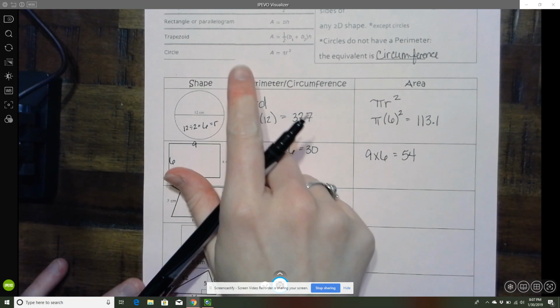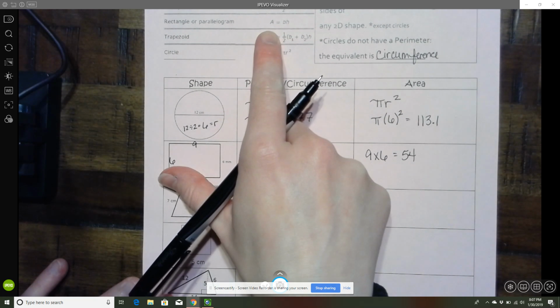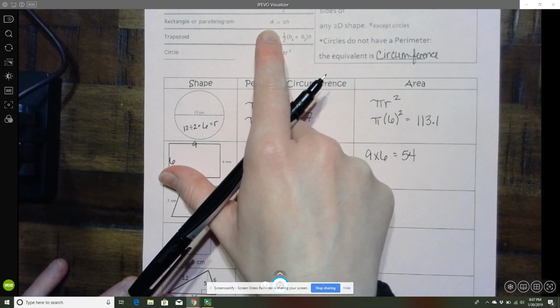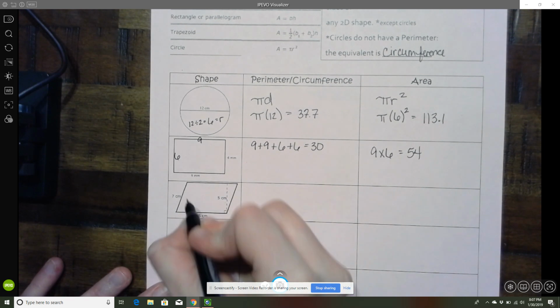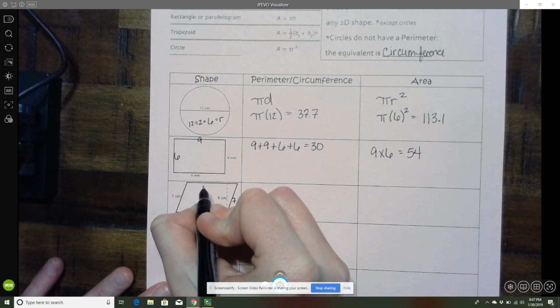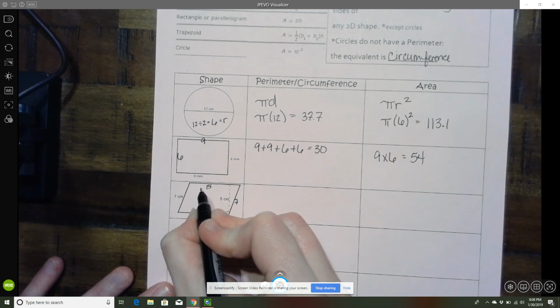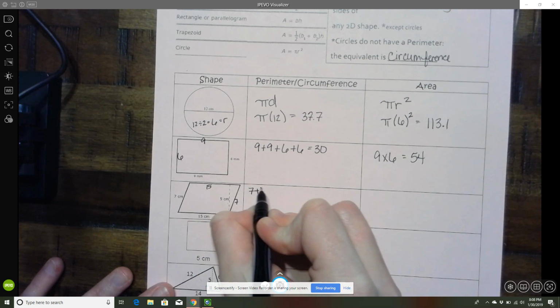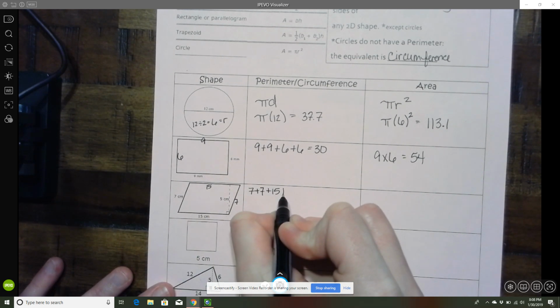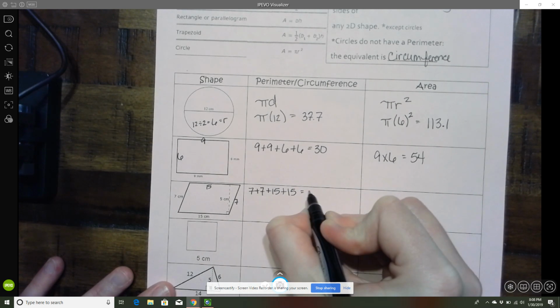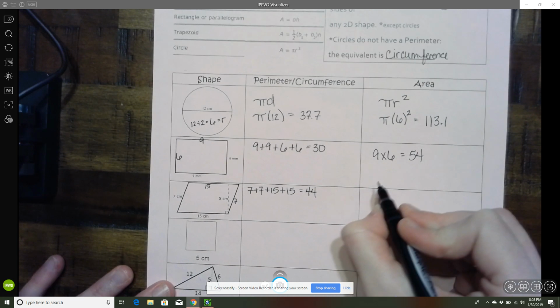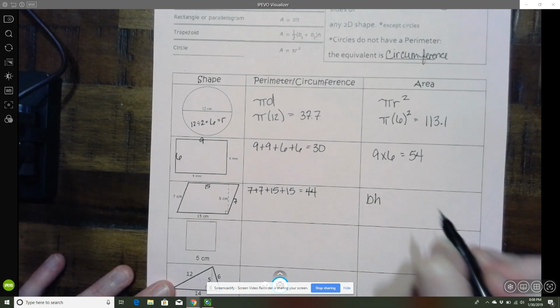So a parallelogram, it's got the same formula for area, but for perimeter, we're going to add all the sides again. So if this side is 7, then this one is 7, and if this one's 15, so is that one. So I add up all the sides. So I've got 30 plus 14, which gives me 44. For area, we've got base times height.